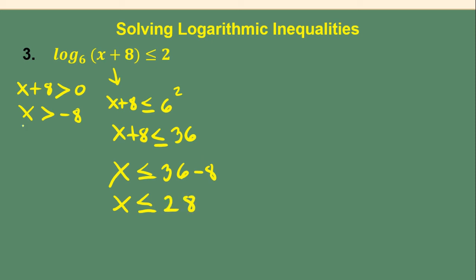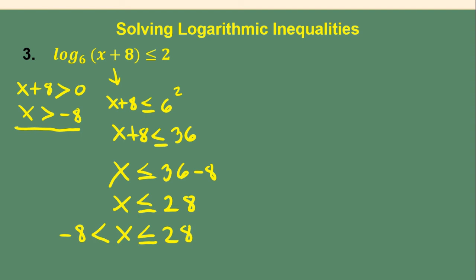Okay, so we have here x is greater than negative 8 and x is less than or equal to 28. So in this case, we will put our x in the middle. So x is greater than negative 8 but less than or equal to 28.